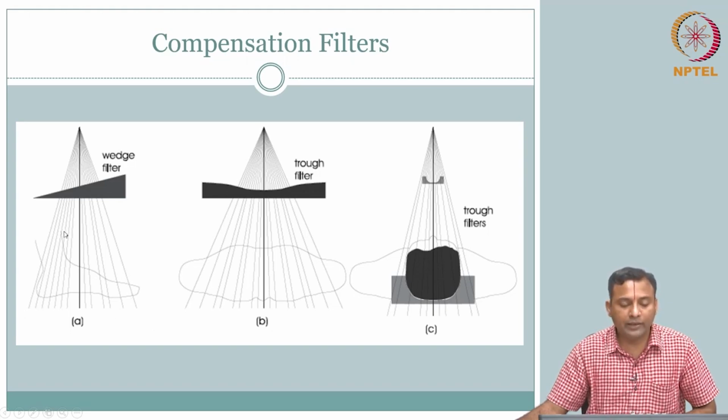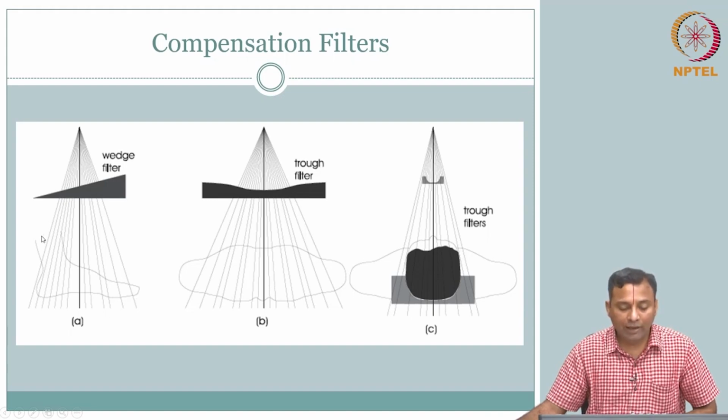So if you can relate this to the delta x that we derived, delta x is more here, delta x is less here. Even if this material is the same, mu is the same, you can clearly see the loss is more on this side, because the path length is more than this side.